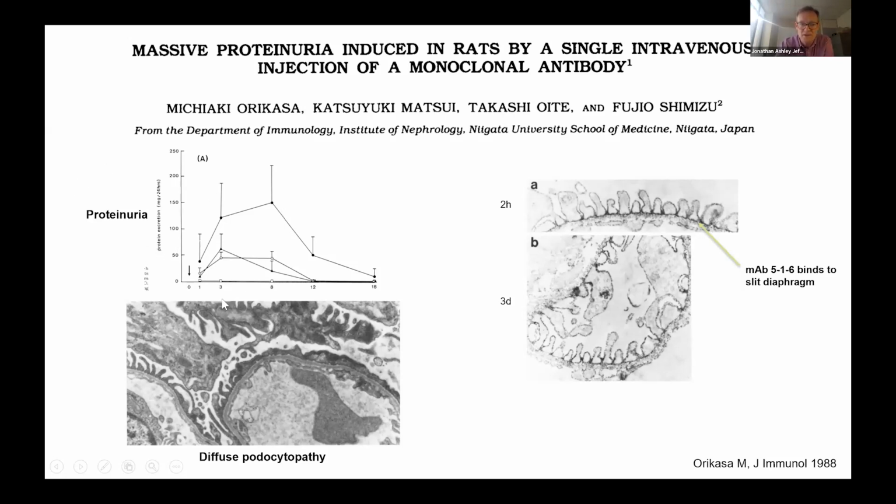They injected this into rats, and what they found was almost immediate proteinuria with diffuse foot process effacement on electron microscopy. And on immunoelectron microscopy, they were able to show that the antibody, they called it a monoclonal antibody, but it's not quite a monoclonal antibody as we would understand it, was binding at the slit diaphragm. And this happened as early as 2 hours after infusion.